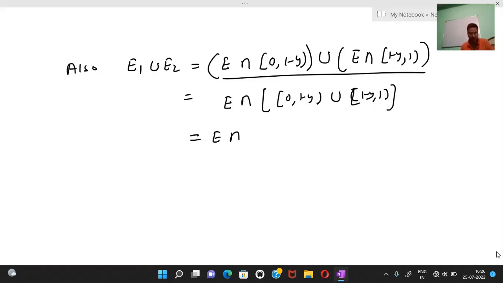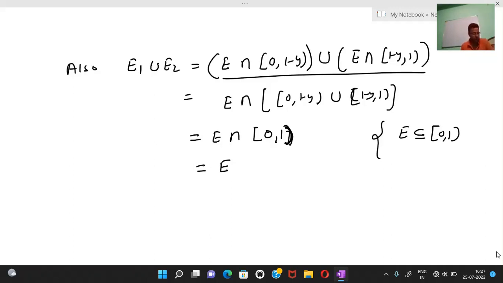We can easily understand the union of these is (0,1). We know E is given as a subset of (0,1), which is an open interval, so we can simply write E.